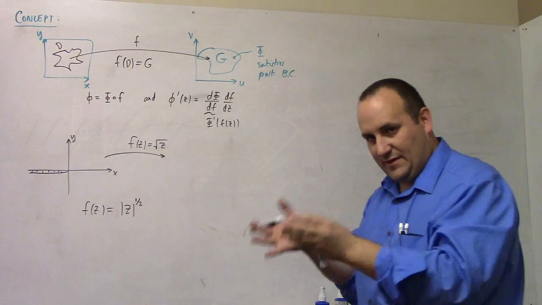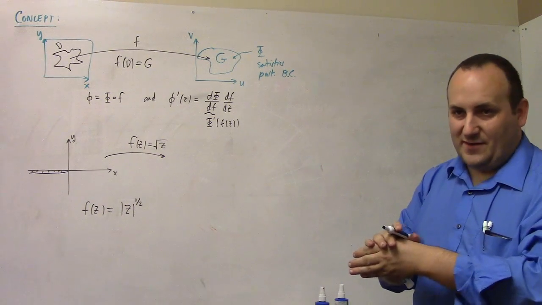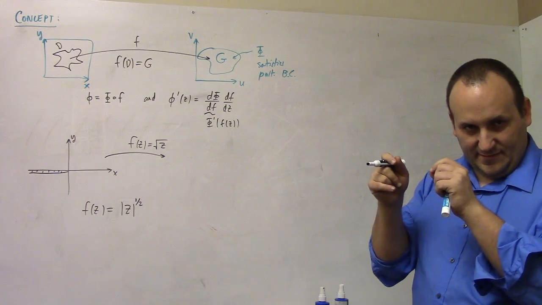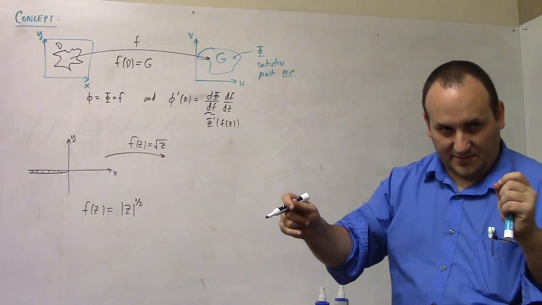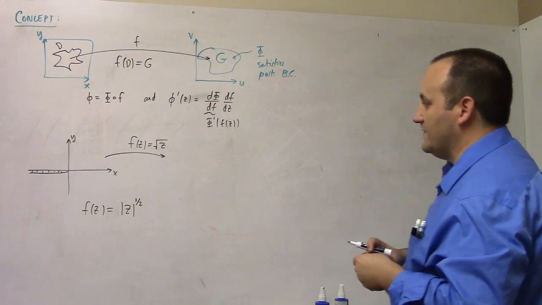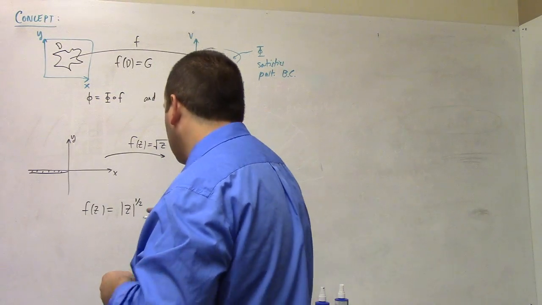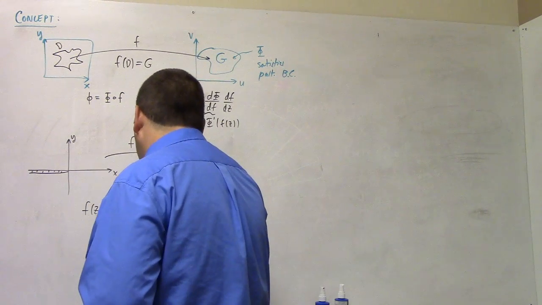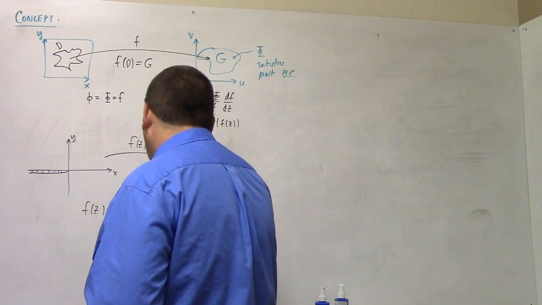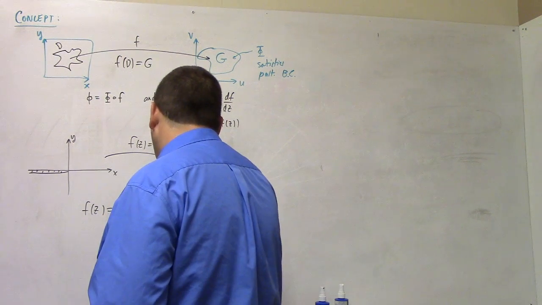Be careful, because in Churchill the 1/2 power often means the set of values, plus or minus this. Then you do e to the i arg z over 2.